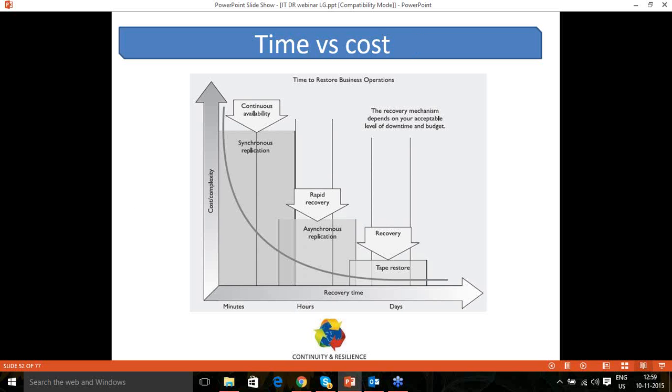So time versus cost. If my recovery time is less, my cost will go high because I need to have real-time replication, virtualization, I don't know what all measures we need to take. So the cost goes high if the recovery time is less.